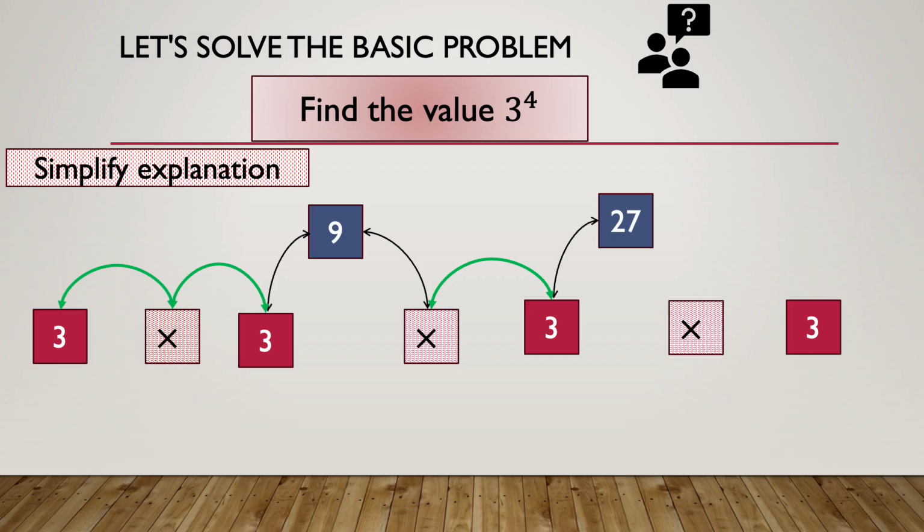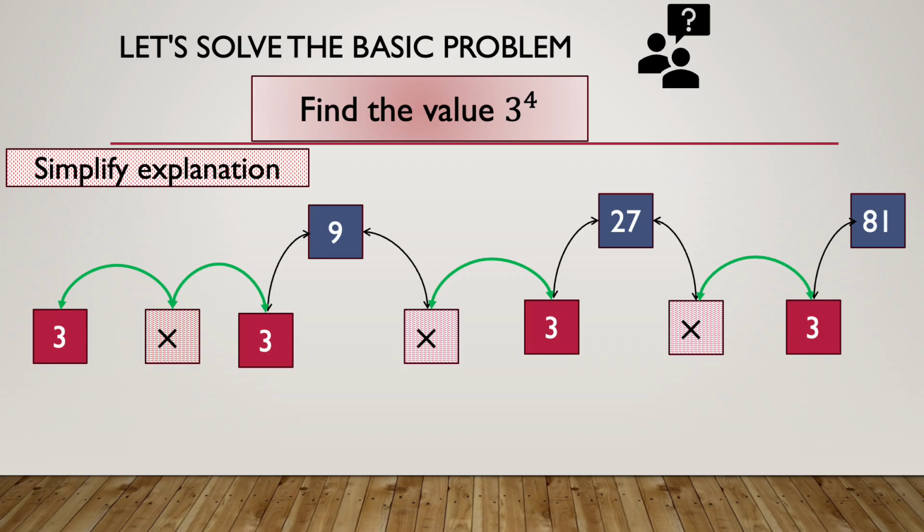Now I'm going to multiply this number 27 by this number 3. Then 27 multiplied by number 3. What is the answer? 81. There you go.